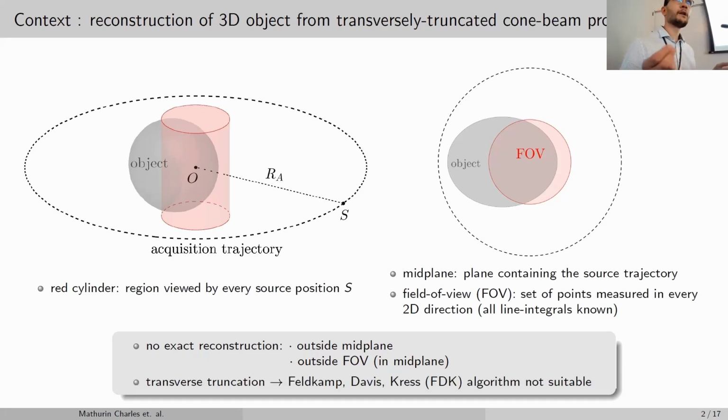Moreover, the well-known Feldkamp-Davis-Kress algorithm is not suitable here because of the transverse truncation of the cone beam projection. So the question is, how can we replace the FDK algorithm? Find another method that handles the truncation, and what region can we expect to reconstruct?